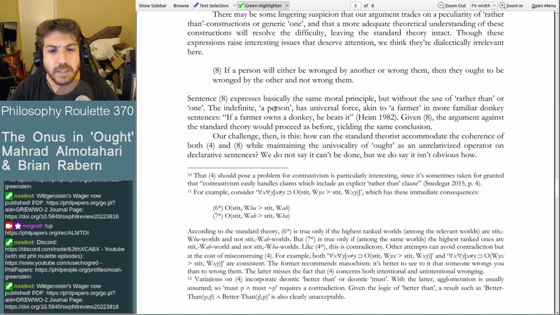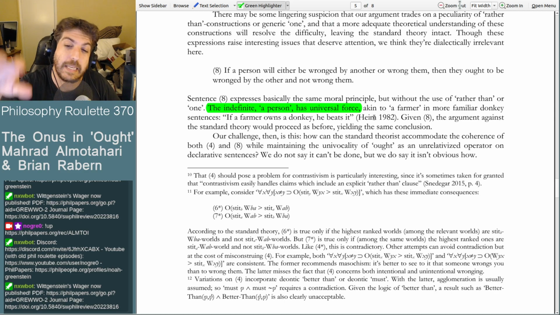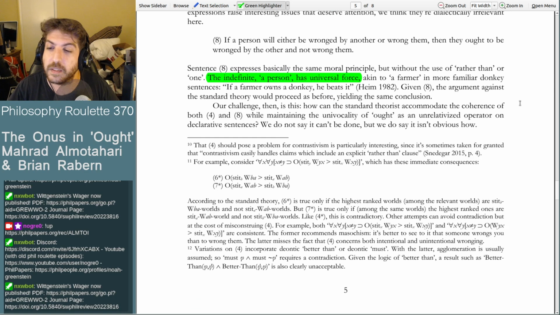Yeah, see, this is... They're arguing the indefinite has universal force. A person has universal force. But see, this wasn't what I was saying. I'm saying they need an existential, not a universal, in the statement.